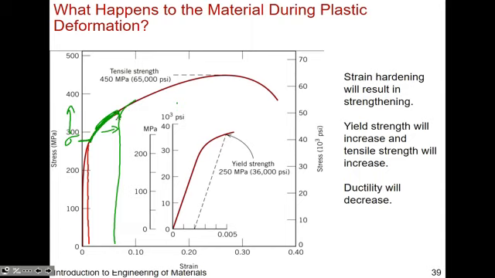Slip is one of them. This happens to be FCC, and so the atoms will start to move, as you've seen in the cartoon. The atoms will start to move, and bonds will actually start to break, and that's elongating the material. We can follow up if that's not 100% clear.